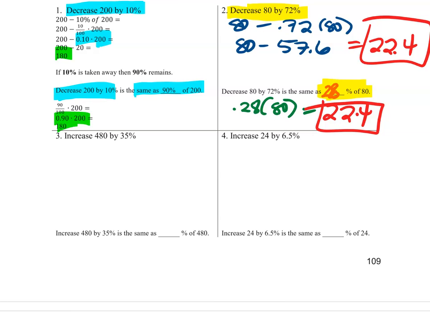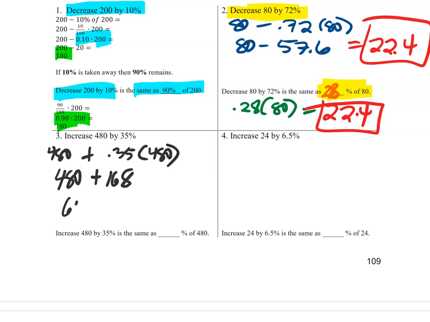So if we increase, we add. So 480 plus 35% is 0.35 of 480. So what is 0.35 of 480? That is 168. And 480 plus 168 is equal to 648.